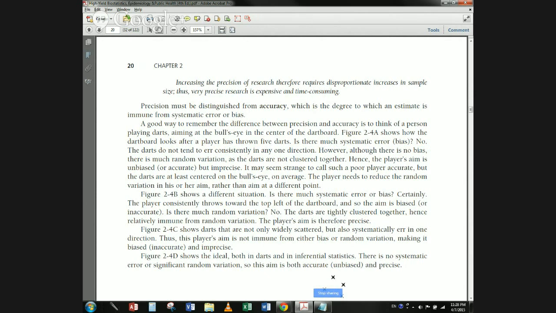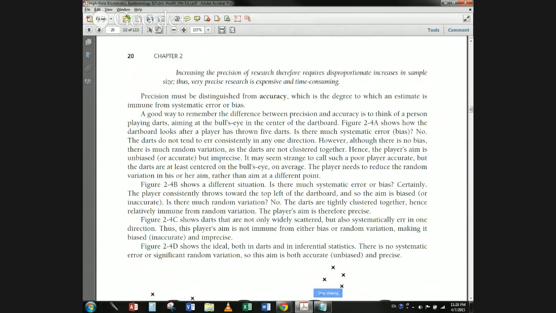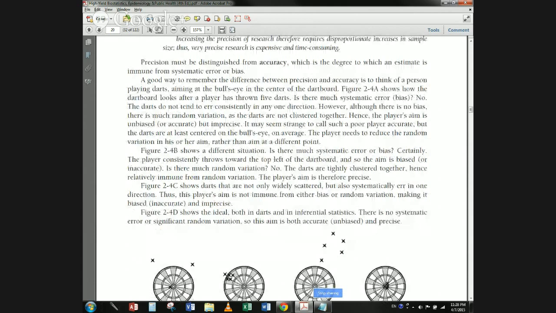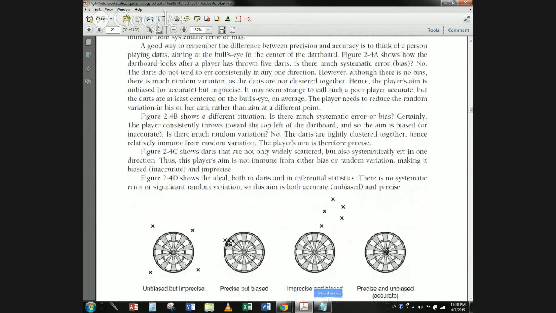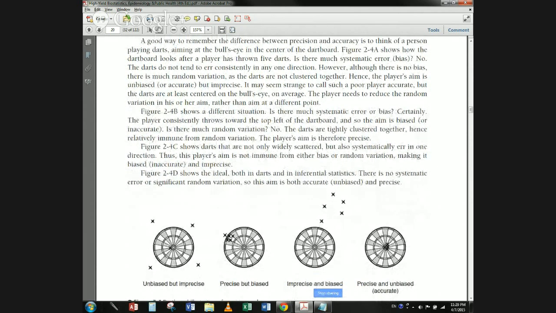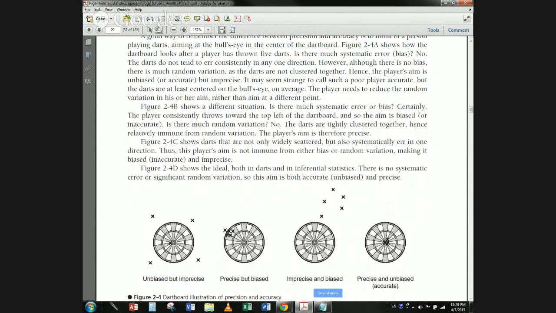Figure 2.4a shows how the dartboard looks after a player has thrown 5 darts. Is there much systematic error or bias? No, the darts do not tend to err consistently in any one direction. However, although there is no bias, there is much random variation, as the darts are not clustered together.